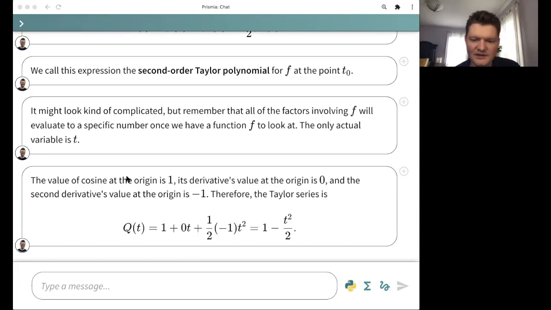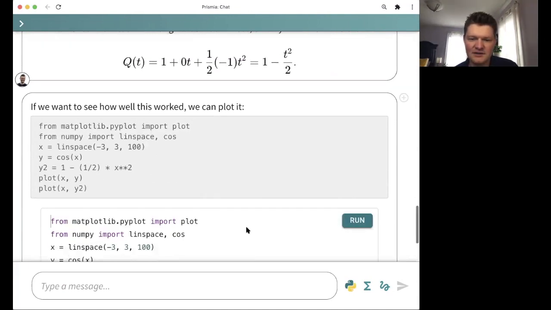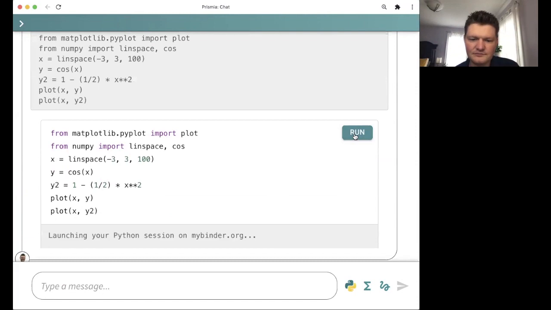I'll give you some Python code, although we haven't started our Python session, so it's going to take a while to run. But this is a minimal example for getting up a quick plot in Python. You're going to import the plot function. Import, I think linspace is the nicest way to give yourself a range. So you can say linspace -3 to 3, comma 100.